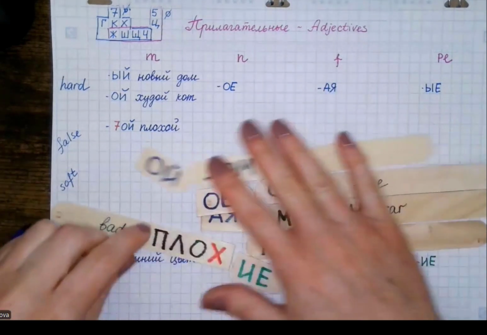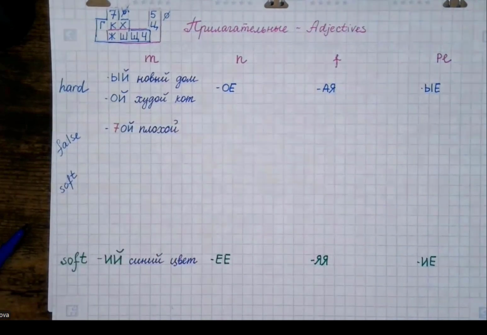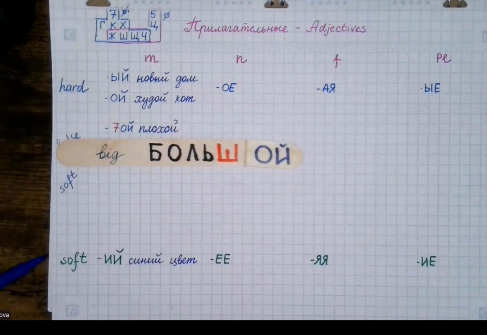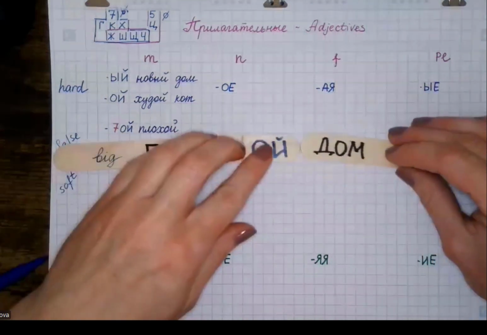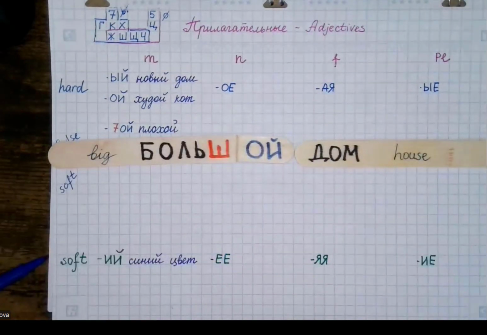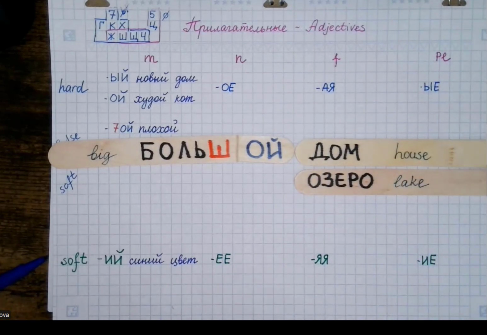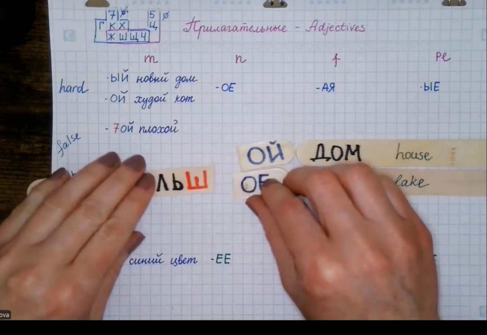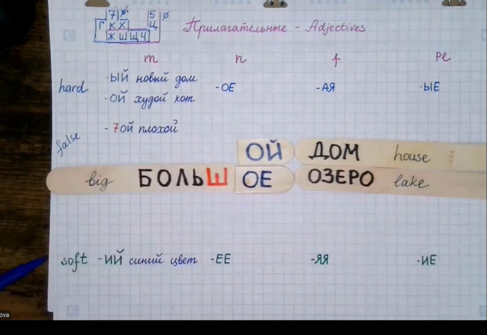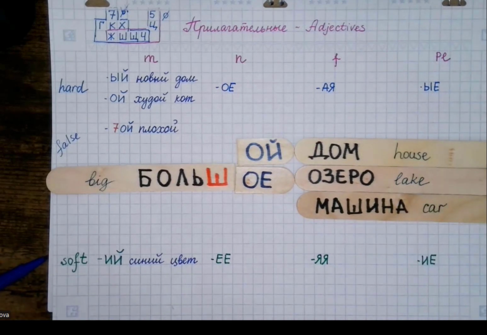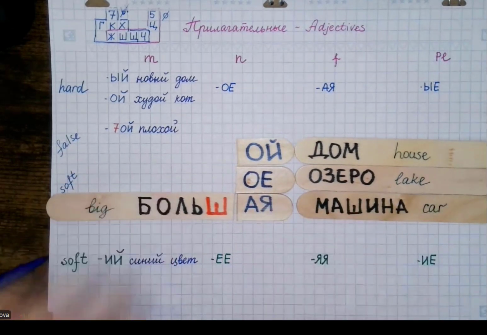Let's take a look at some more examples. Let's look at the word большой. And we'll say большой дом. And we'll say большое озеро. And again, it works. And we'll say большая машина.